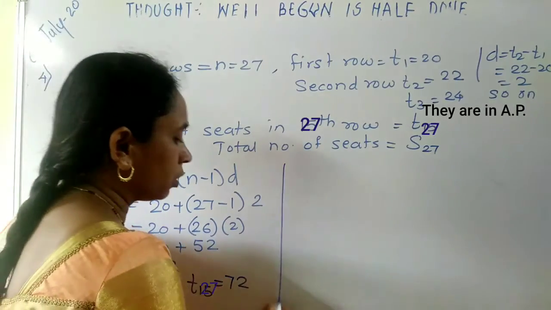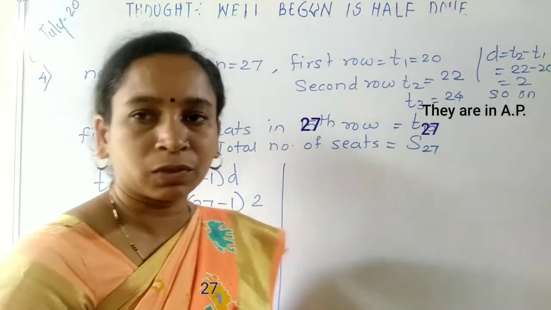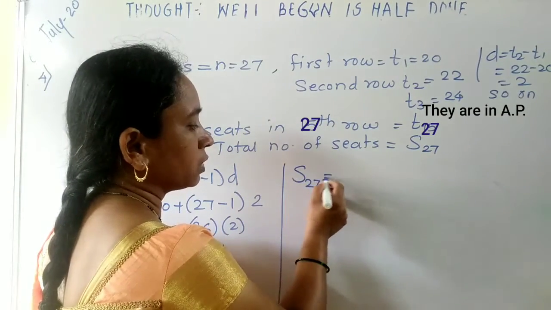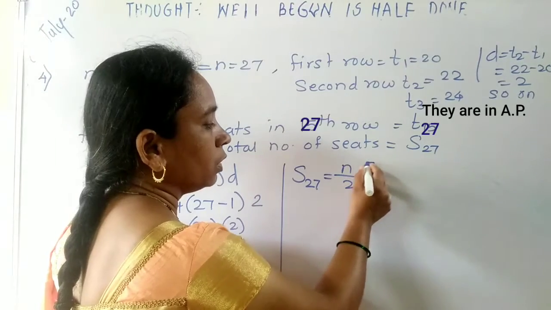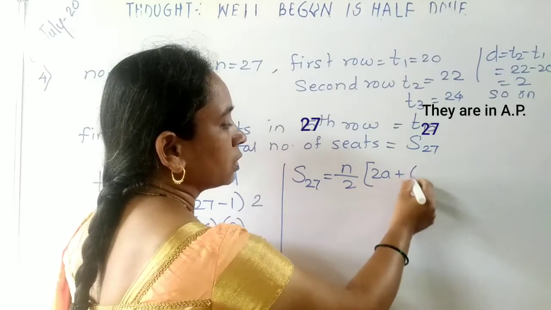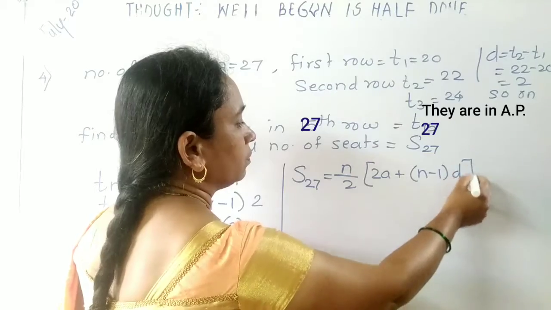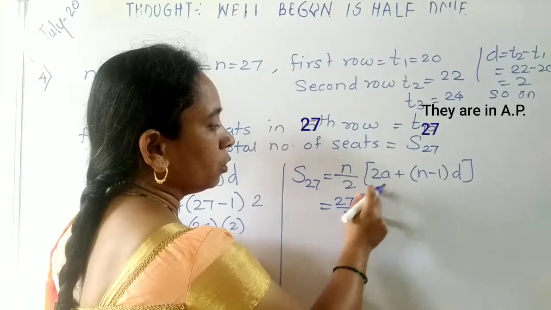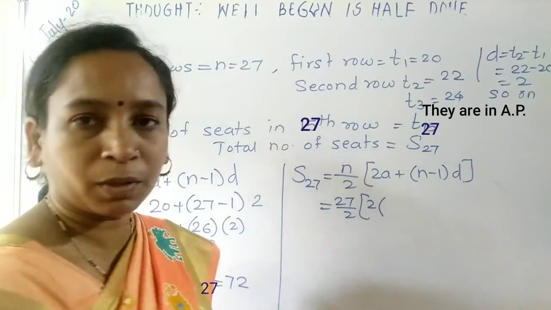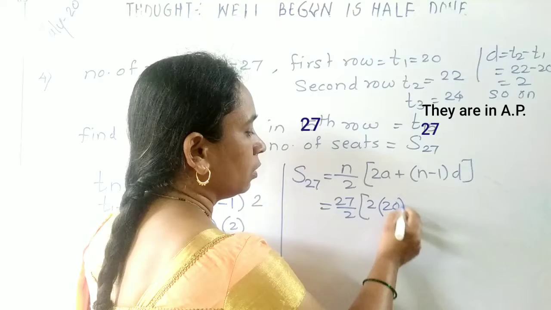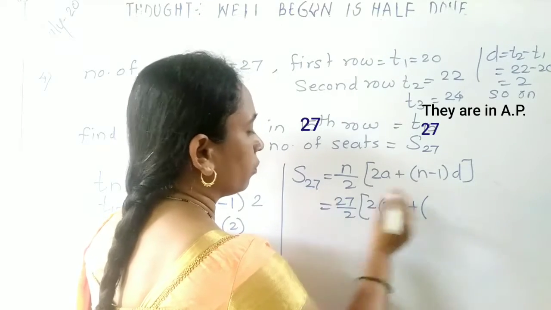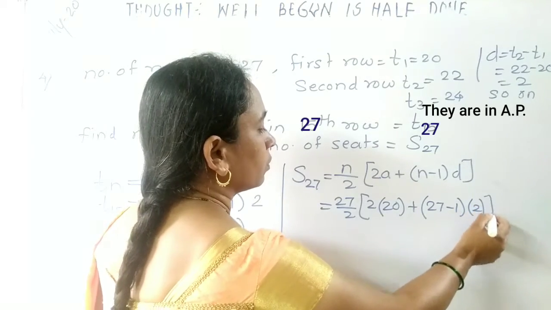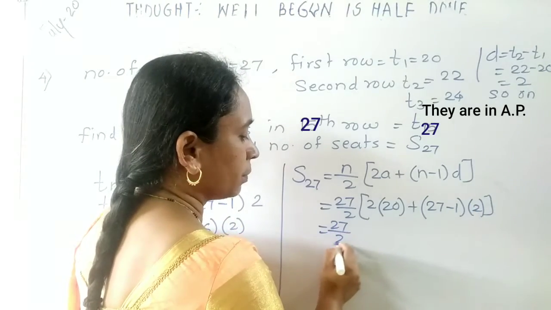Now we will go for the total, to find out the total number of seats, means in all 27 rows. So here we are going to find out S27. What is the formula? n upon 2 into 2A plus n minus 1 into D. n's value is now 27 upon 2. 2A, 2 into A's value is nothing but T1, so that is 20, plus n's value 27 rows minus 1 into 2. So solve for the bracket.